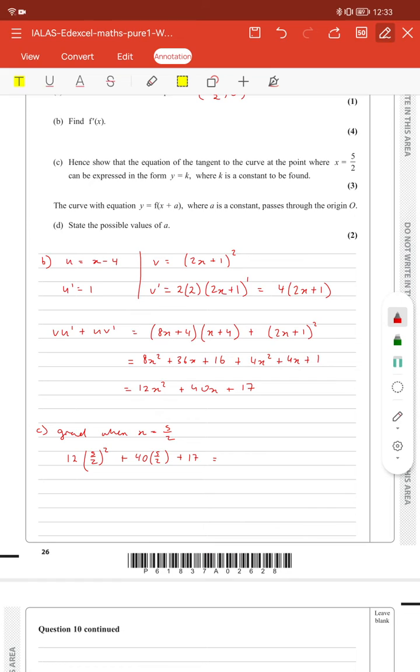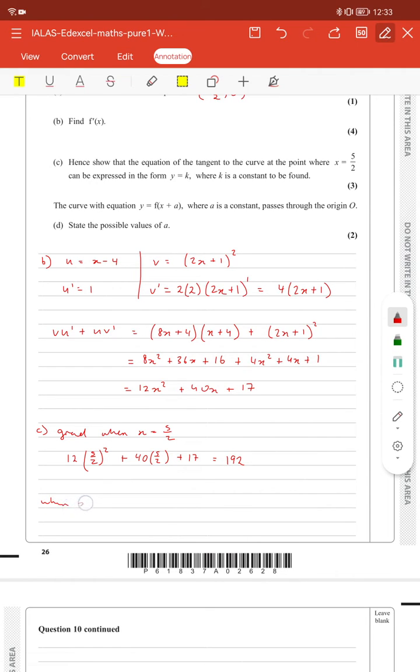So here we're going to have 12 times 5/2 squared plus 40 times 5/2 plus 17 is going to equal 192.